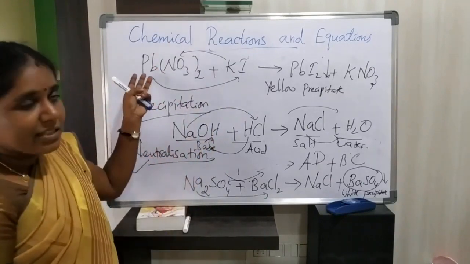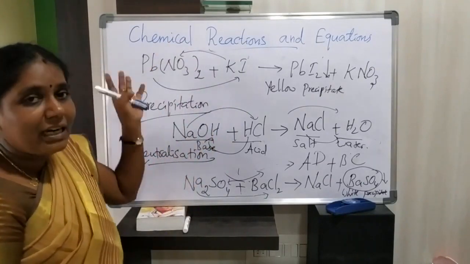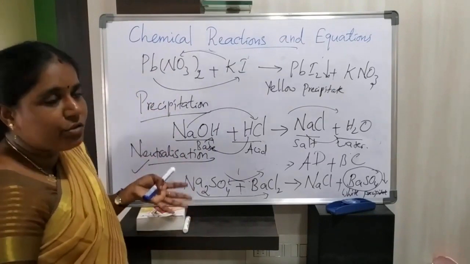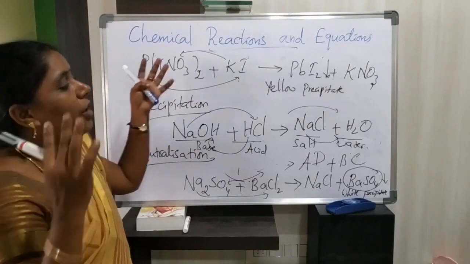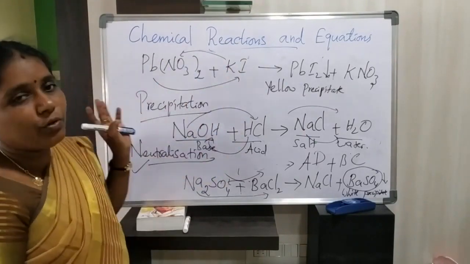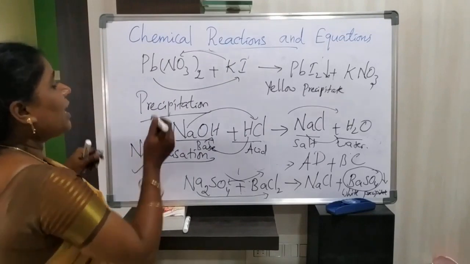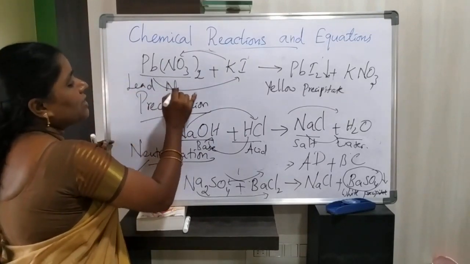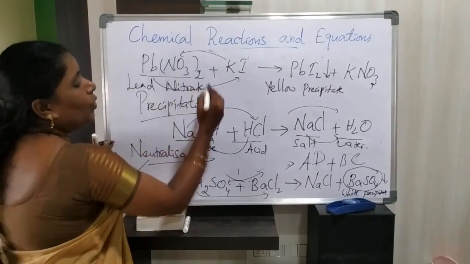Instead of the salt solution, if we take only salt, no reaction takes place. When we take salt solutions and mix them together, it forms a yellow precipitate here. So these types of reactions are double decomposition reactions. What's the name of the salt? It is lead nitrate. What is this?